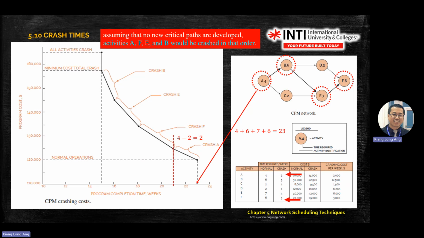Next one will be B. We work backward based on the cost. Normally, we look at the crashing cost per week to build this graph by sequence, by the cost values here.